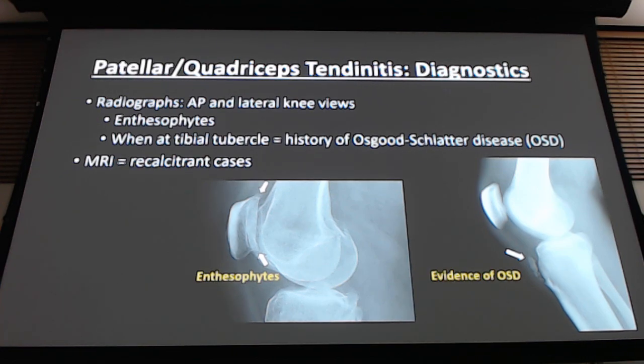So if it's at the insertion of the patellar tendon here and here, okay, and you see that in an adult, you would agree that in this X-ray you don't see open growth plates, correct? So this is an adult. We do not call adults Osgood-Schlatter patients or Osgood-Schlatter disease.